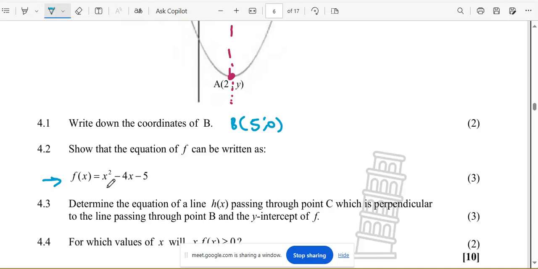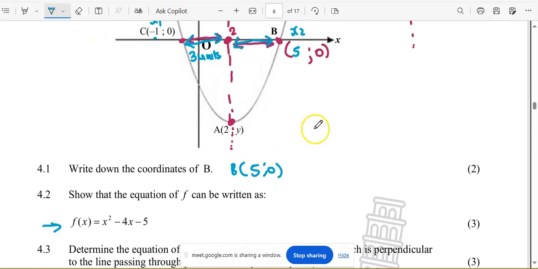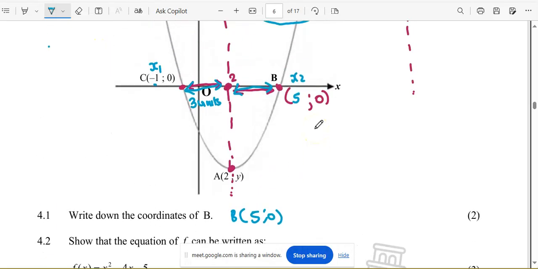So guys, finding the equation of the parabola, it depends on what you are given. So remember, when you are given the x-intercepts, this is the formula that you can use. Then when you are given the turning point, you're going to use this formula: a into (x minus p) squared plus q.